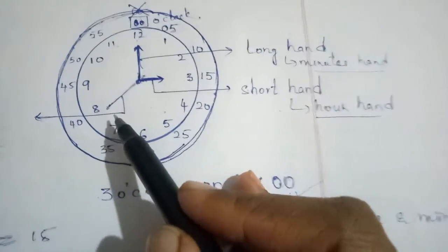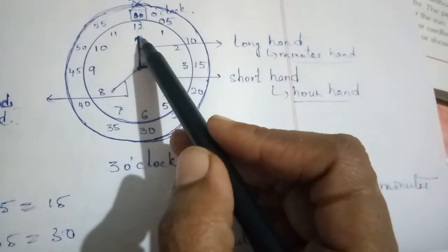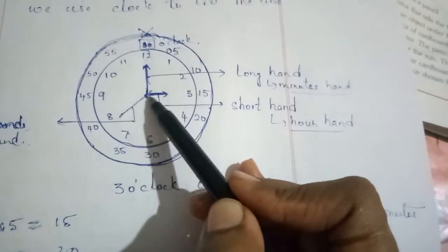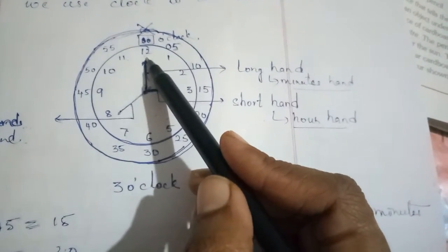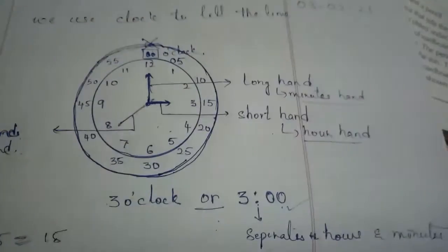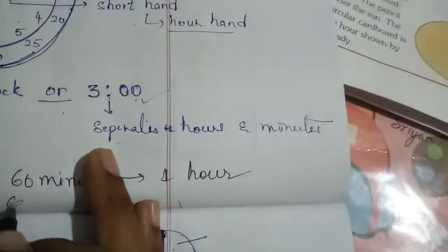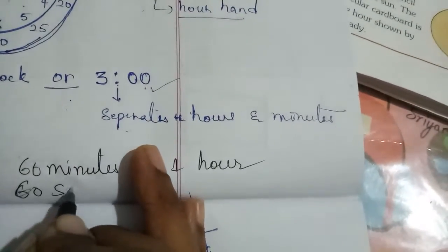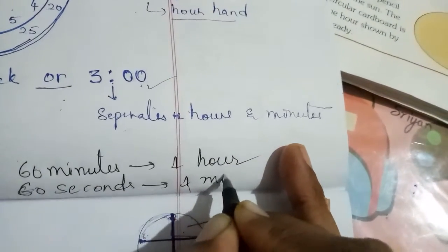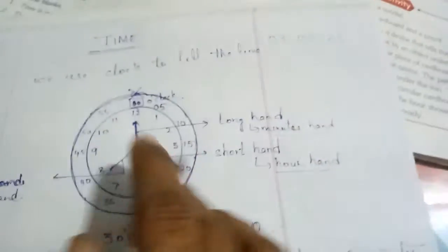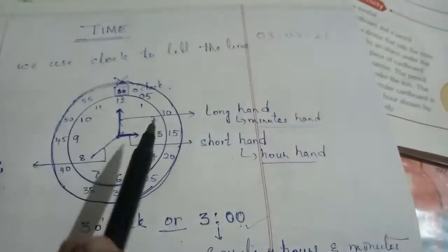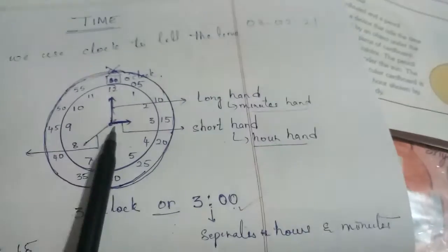Here one second hand is there, na? Not shorthand, the second hand is there. If it takes one round, 60 seconds is equal to 1 minute. 60 seconds means 1 minute. If this long hand takes one round, then that is 60 minutes, means 1 hour.